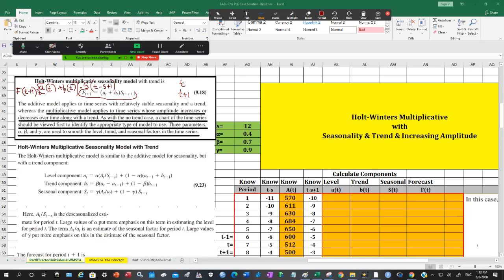Alpha, beta, and gamma are the smoothing levels for the level, trend, and seasonal factors.